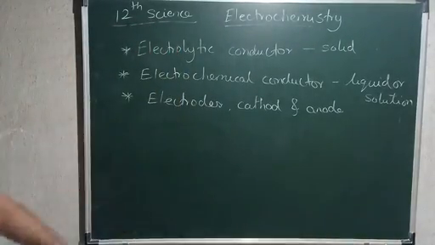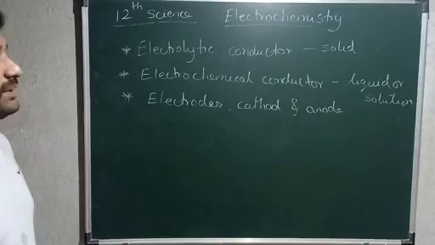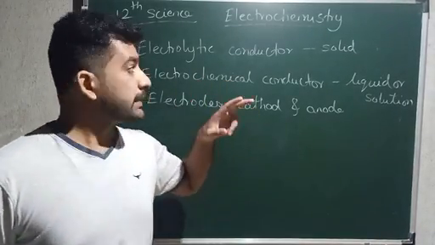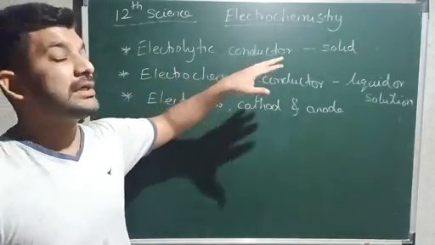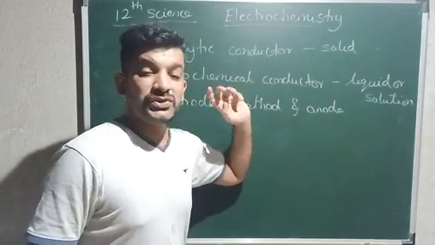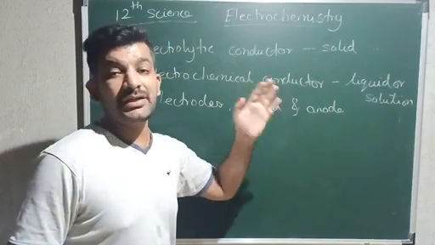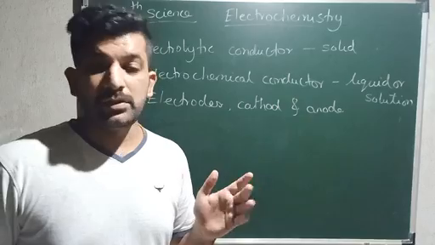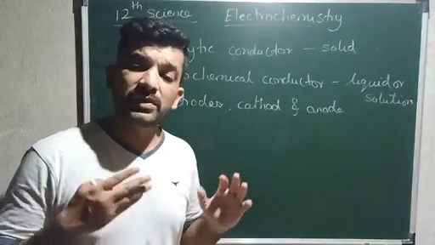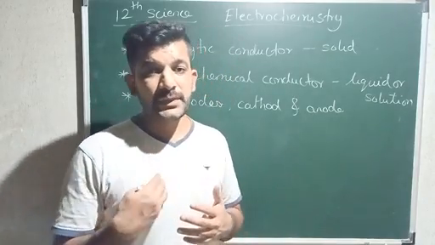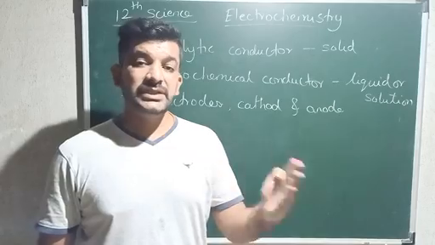Now, as the name itself indicates, electrochemical means an electrolyte solution, and electrolytic conductors are current carrying conductors like metals such as copper, iron, gold, aluminum, the metals which have free electrons. These free electrons result in the transfer of current.